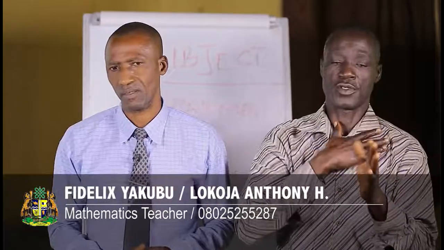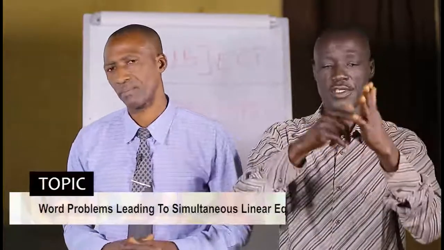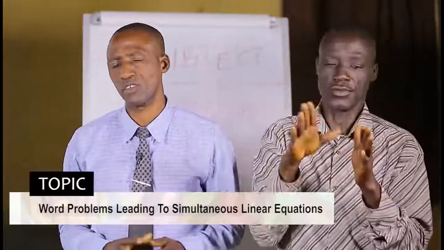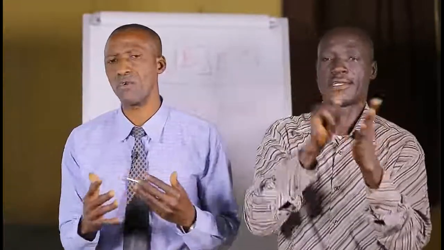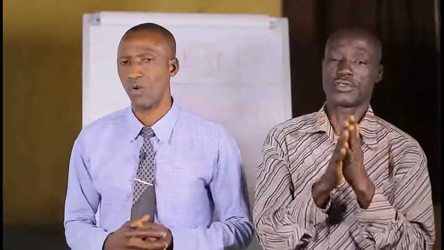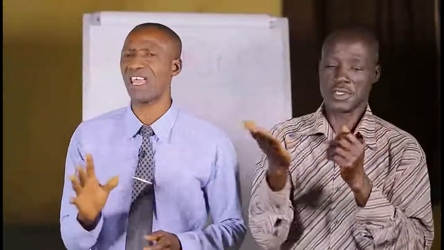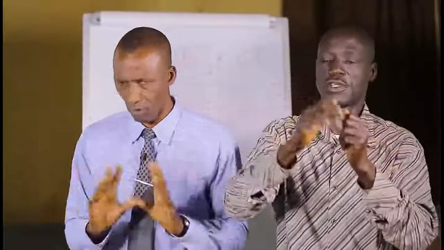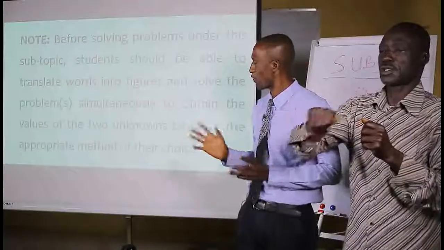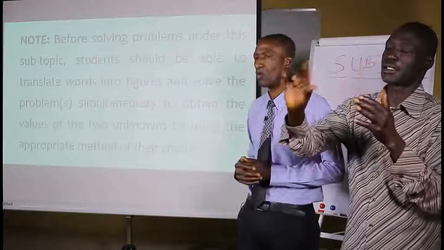That will give you an opportunity to solve the problem simultaneously by using any appropriate method of solving simultaneous equations, but preferably the elimination method, because it appears to be simpler or easier.